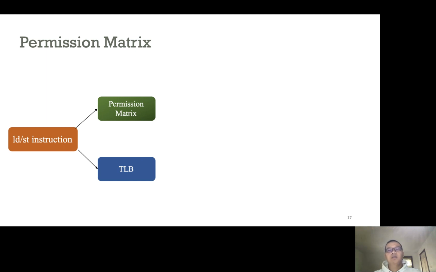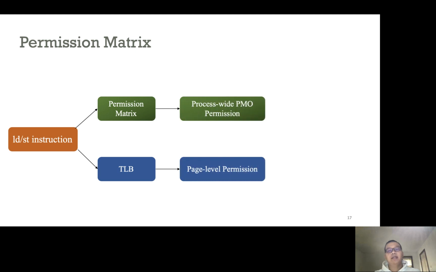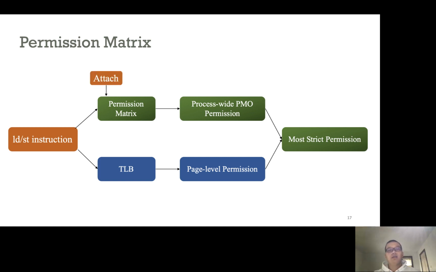Then the process-wide PMO permission and the page-level permissions are obtained. After that, the access will be checked against the strictest permission among these two to decide whether this access is legitimate. Entries in the permission matrix are added by attach system calls, and they are removed by detach system calls.